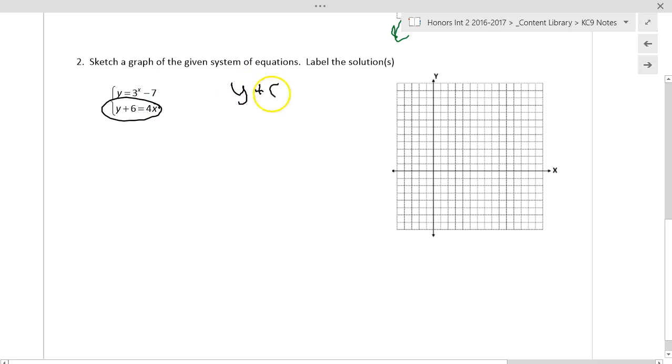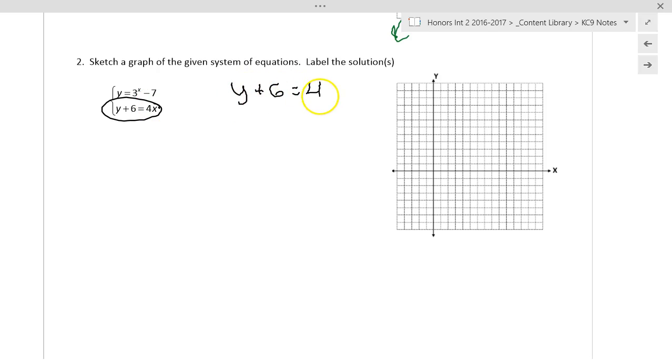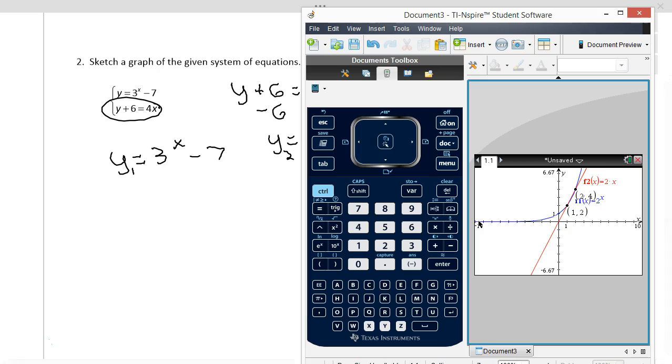So I have to get it equal to y first, meaning all I have to do is subtract 6. So y equals 4x minus 6 is actually my second equation, and my first equation is y equals 3 to the x minus 7. Be very careful: if it's not just y on one side, move anything else over first so that you can type it into your calculator.